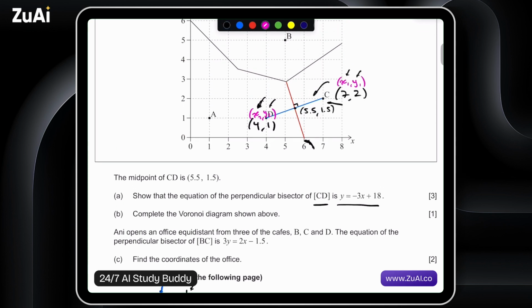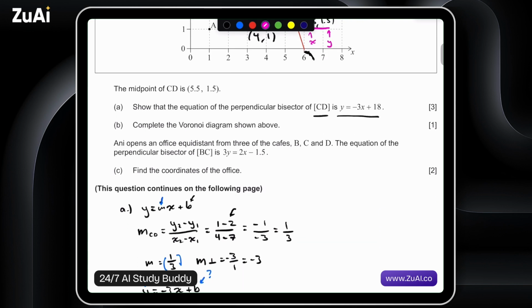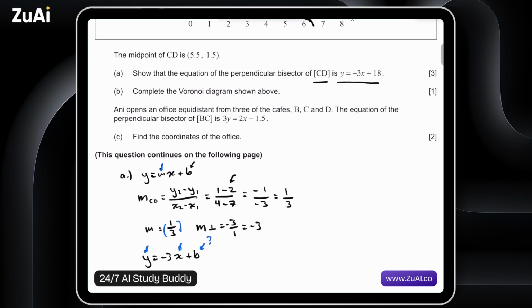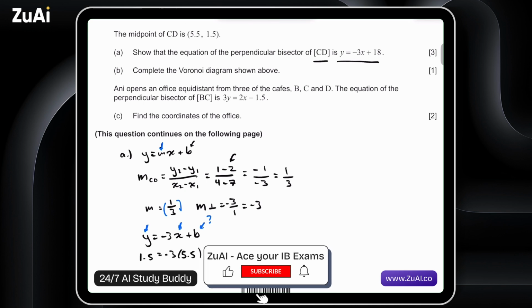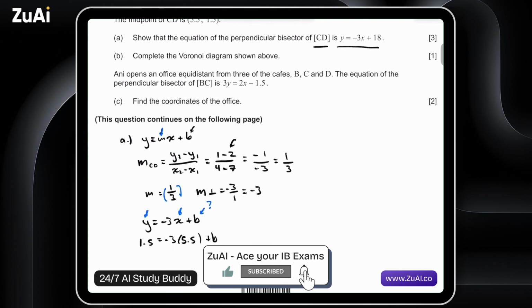We have this value right here, where x is equal to 5.5 and y is equal to 1.5. So let's substitute that. So y is equal to 1.5 when x is equal to 5.5 plus b. So we've got 1 point on the line, and that's our midpoint.